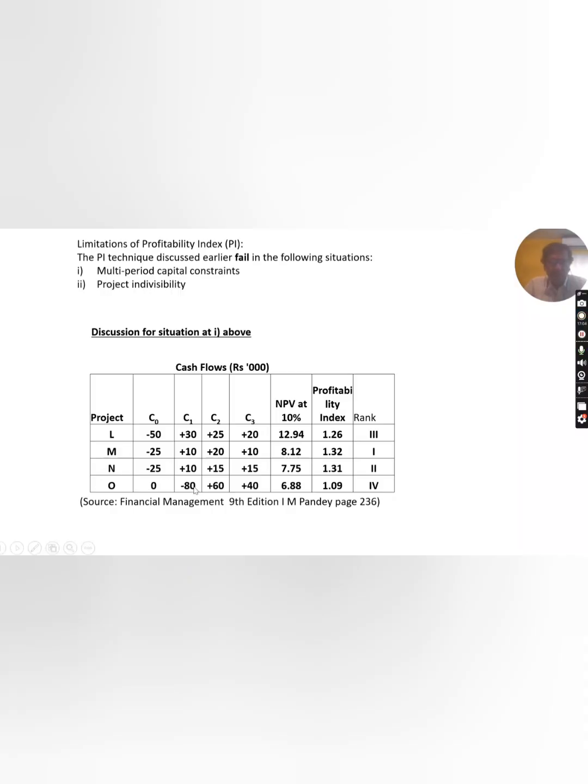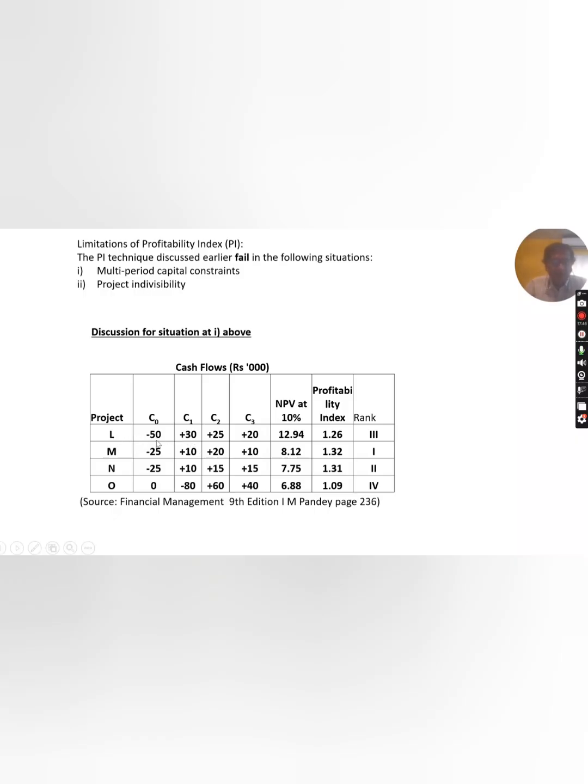If 50,000 fund is allowed, and as per PI ranking you are selecting M and N, then what will happen? 50,000 plus the cash inflow, 10,000 plus 10,000. That means 70,000 fund will be available in this year. But to implement this project, 80,000 fund is required. It is not possible. 10,000 fund will be short. But if you select L, then what will happen?